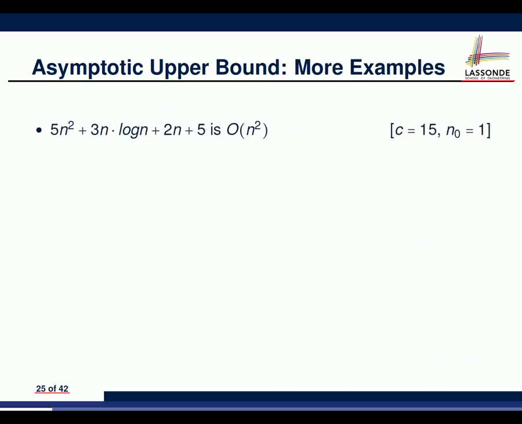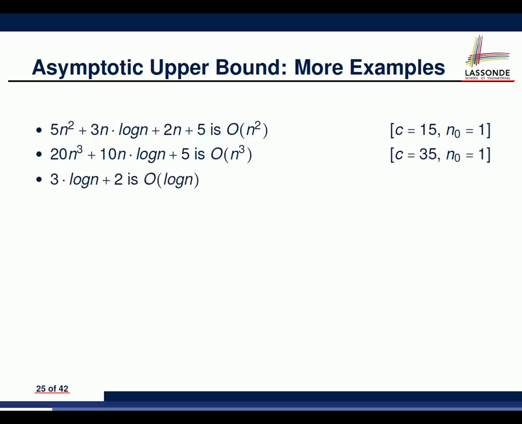Let's see why. Let's say I give you something similar later, for example 3 log n plus 2. For log, if I didn't mention explicitly in this course, it's going to be base 2, not base 10. So now 3 log n plus 2. If we apply the same principle from the previous slides, the sum of the absolute value of the multiplicative constants should be 3 plus 2, which is 5.